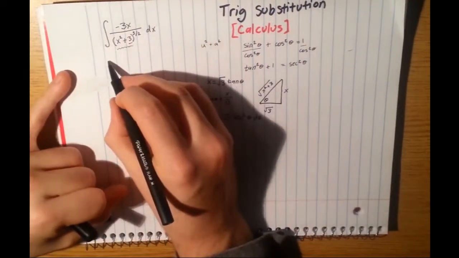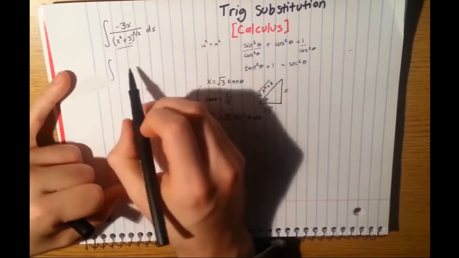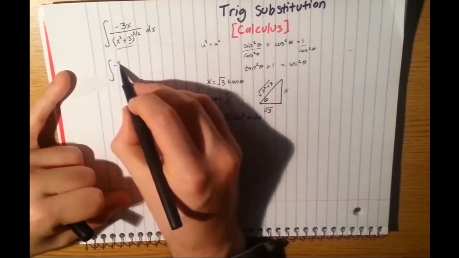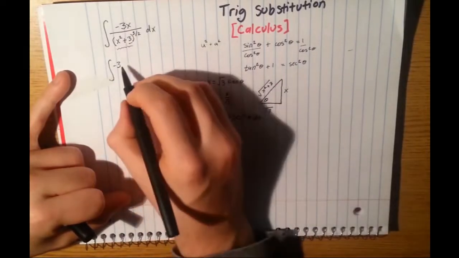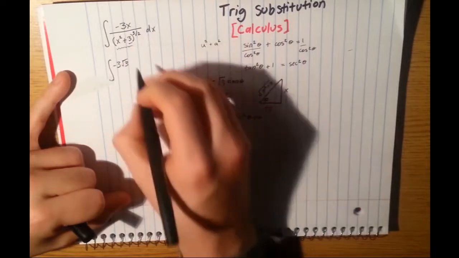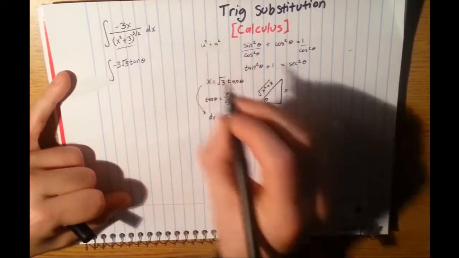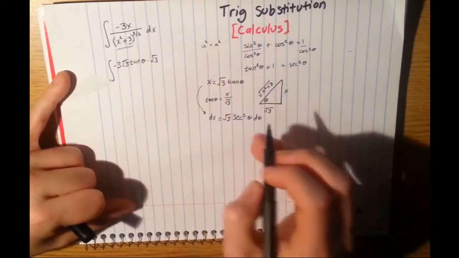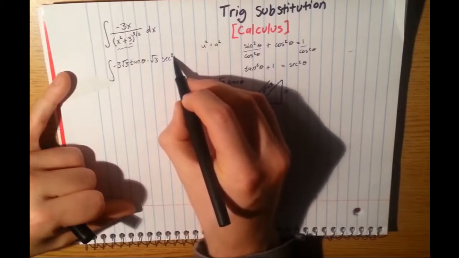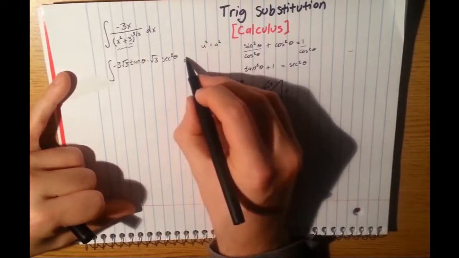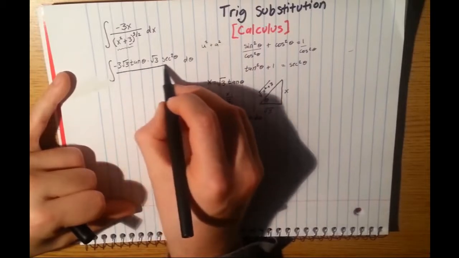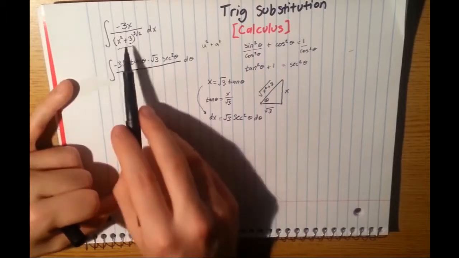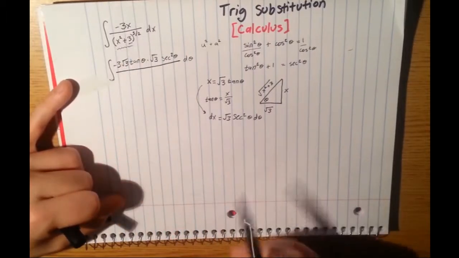Famous last words. So we have, oh boy, we have the integral of negative 3 root 3 tan theta, dx. dx is root 3 secant squared theta d theta, divided by, okay, here we have x squared plus 3 to the 3/2 power.